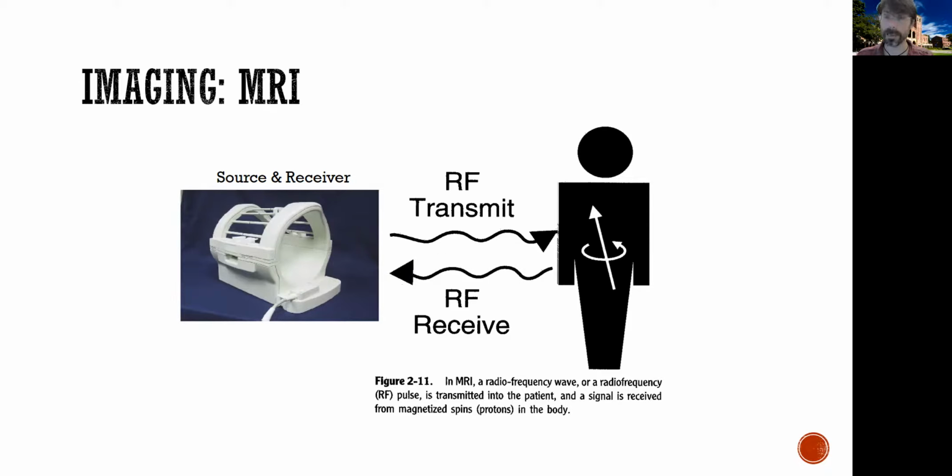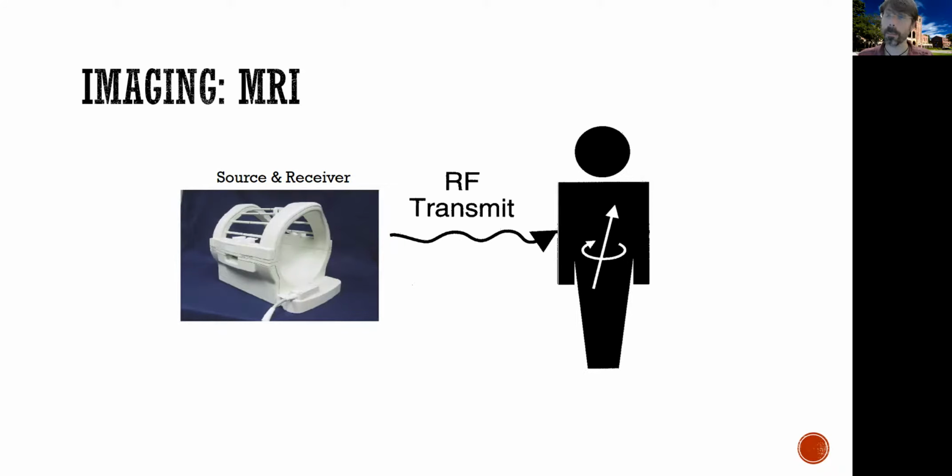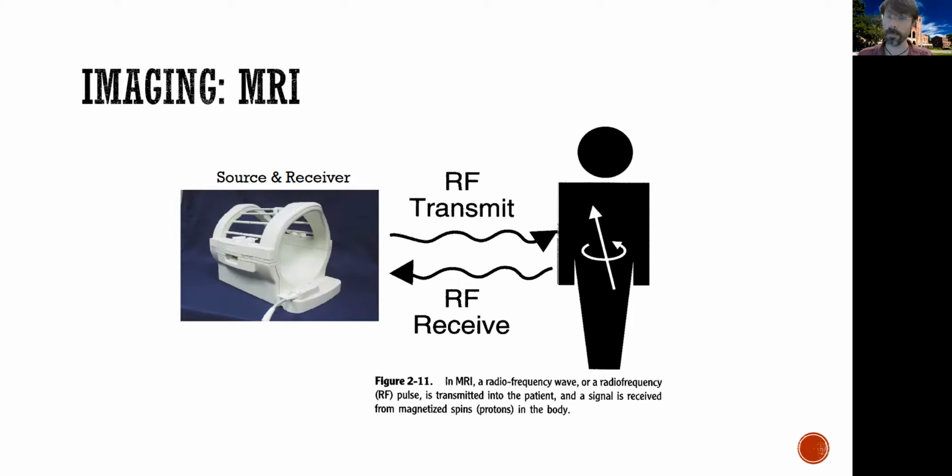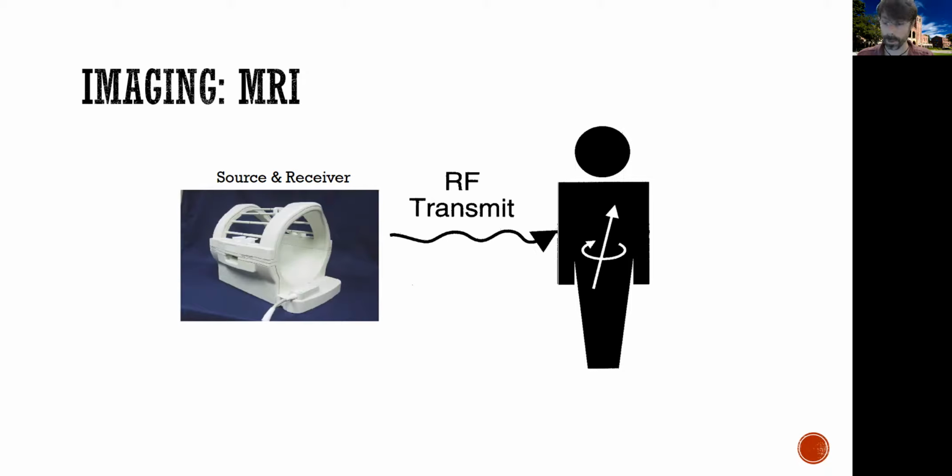What is interesting, and this is the whole basis of how MRI works, is that sometimes the energy that is emitted is strong. Other times, the energy that is emitted is less strong. For example, in this case, there's a strong energy emitted.